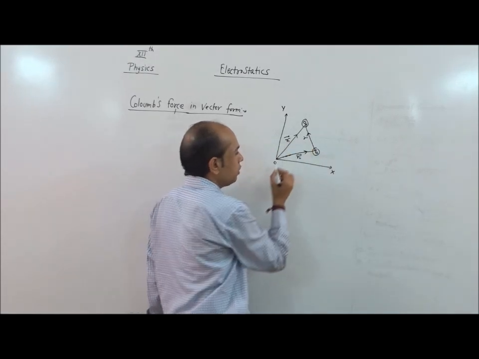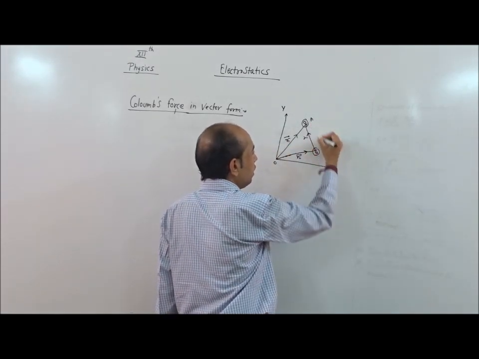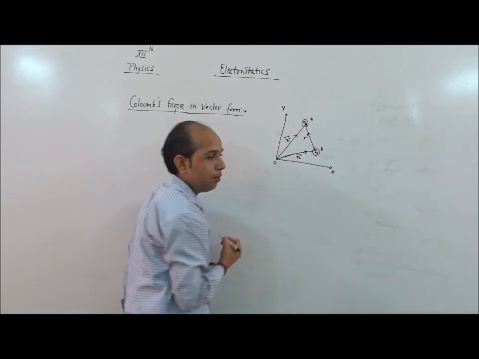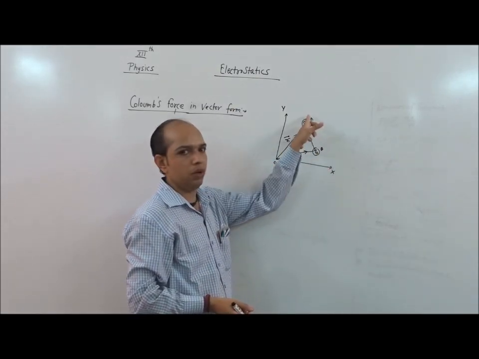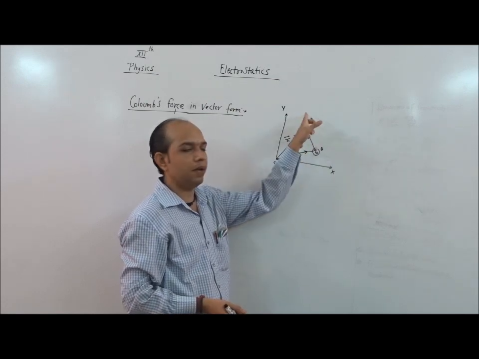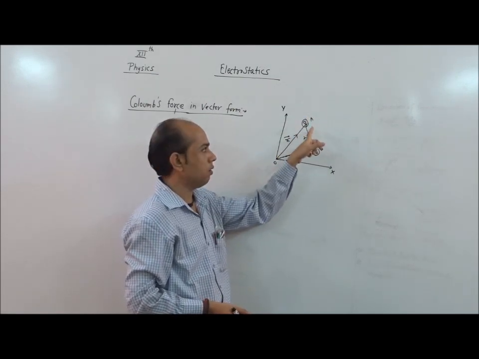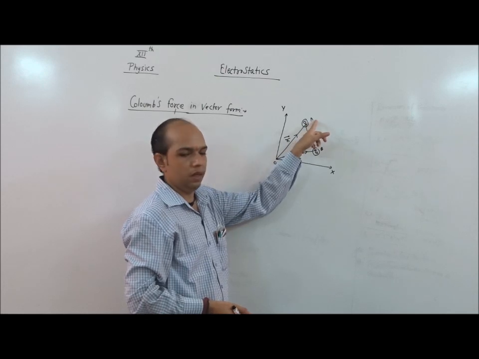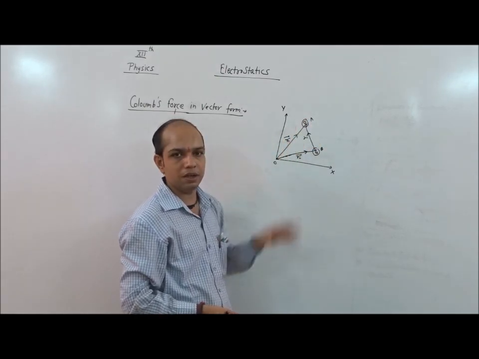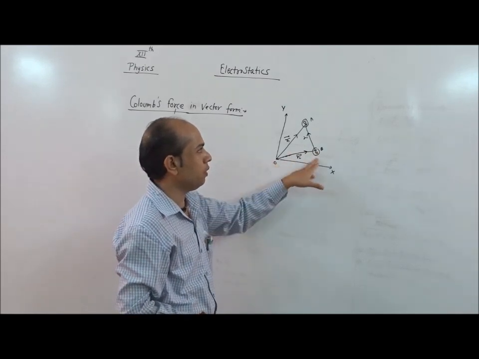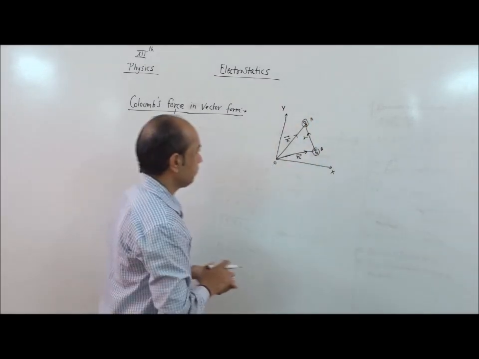In this diagram, suppose Q1 is represented by A and Q2 by B. So O to B and B to A are in the same order, while O to A is in the opposite order. That means OA represents the resultant of OB and BA.